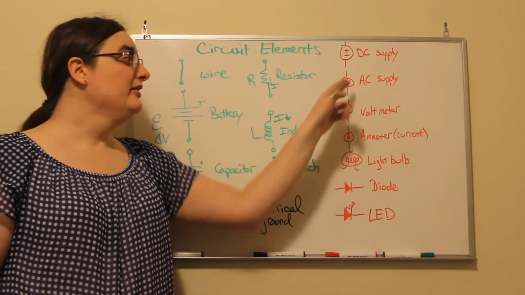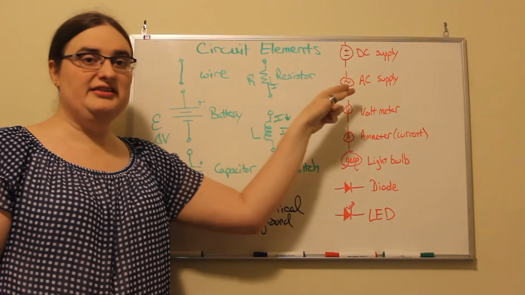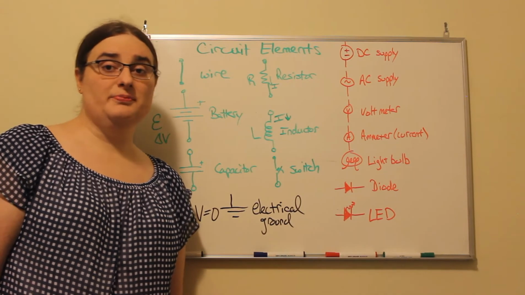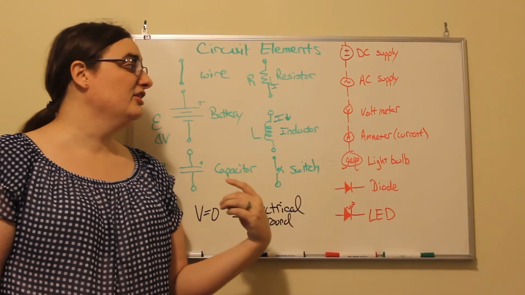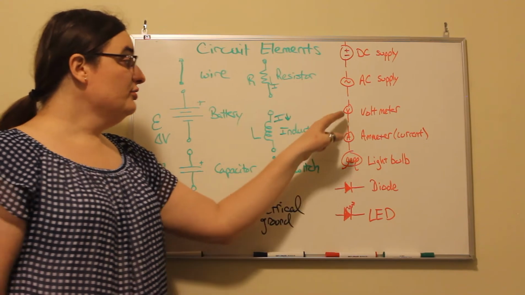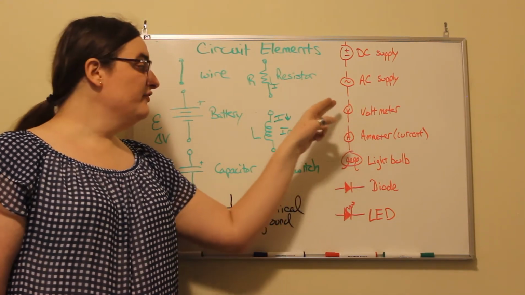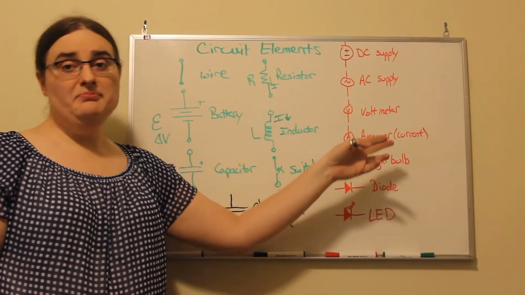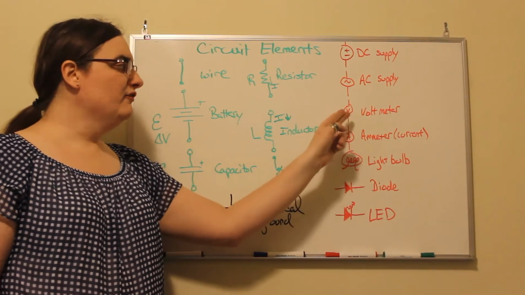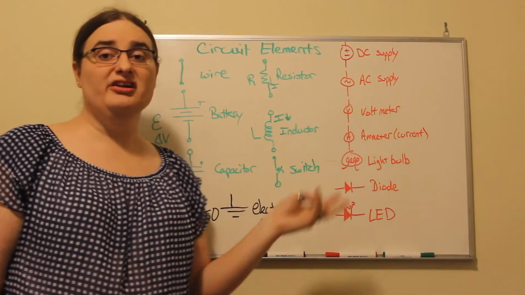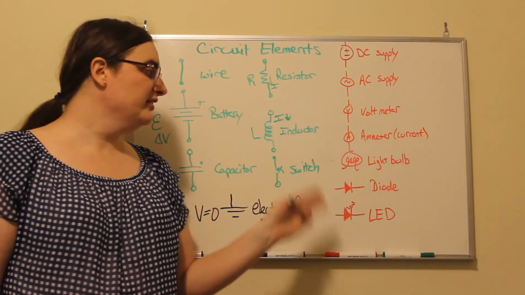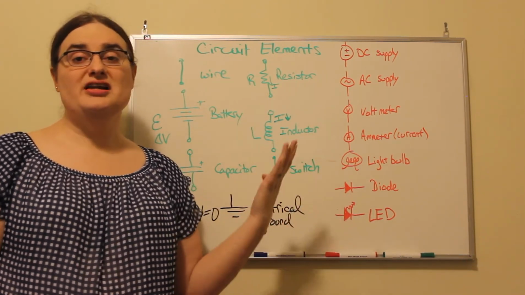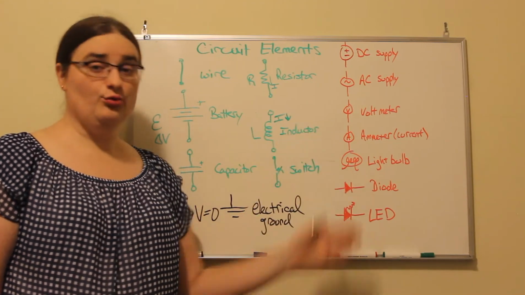For an AC power supply, there's usually a tilde, because with AC you have an oscillating electric potential difference, which leads to an oscillating current. For metering, you'll usually see meters with a V or an A in a circle: V for voltmeter, A for ammeter, which measures current. A voltmeter is always hooked up in parallel with the element you're measuring the voltage of. An ammeter should always be hooked up in series with the element you're trying to measure the current through.